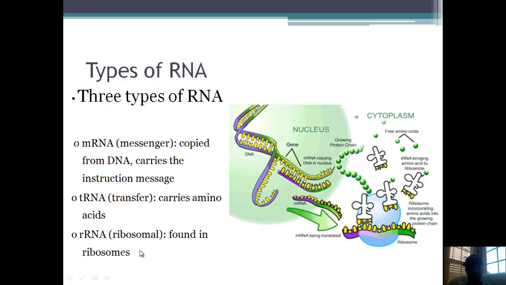And then the very last type of RNA is ribosomal RNA, and each ribosome is made up of ribosomal RNA. And if you think back to our cracking the code analogy, the tRNA, which is responsible for getting amino acids, the building blocks of protein, is in on the message.